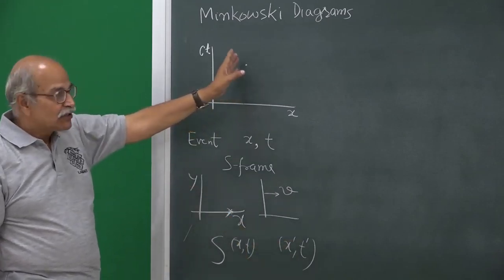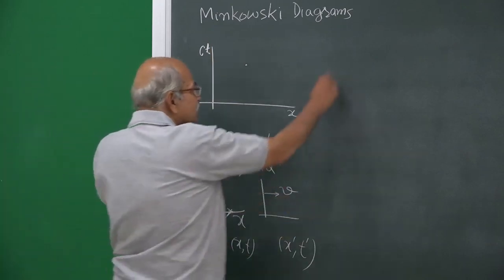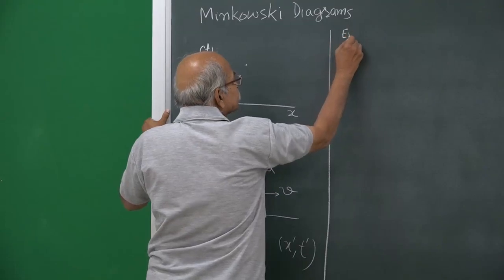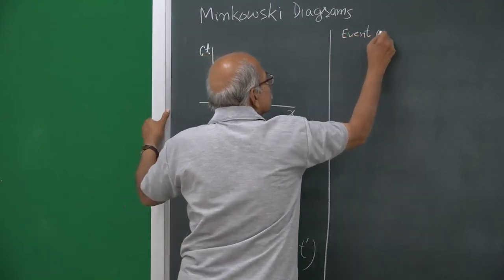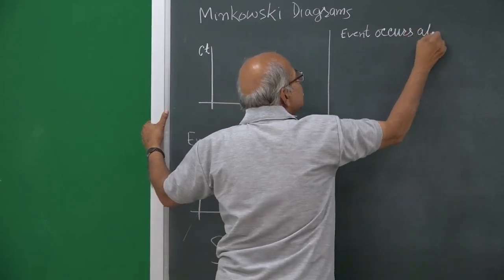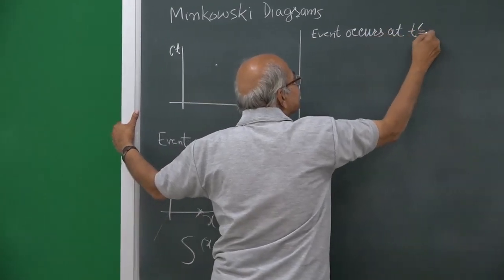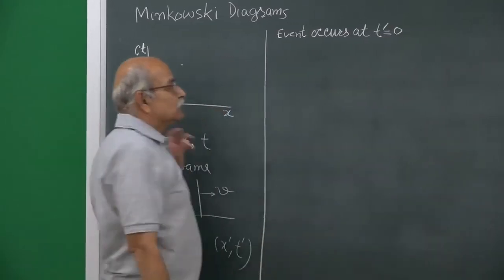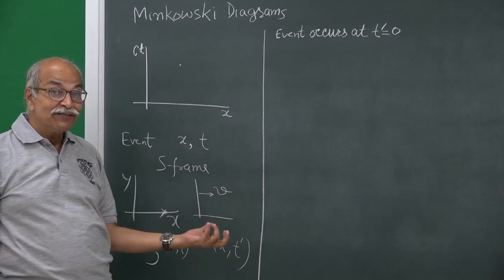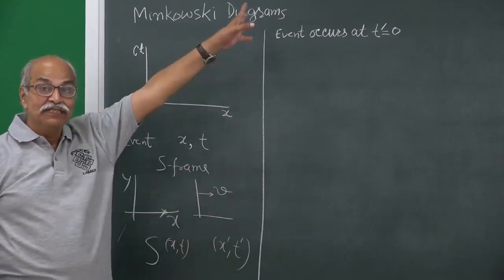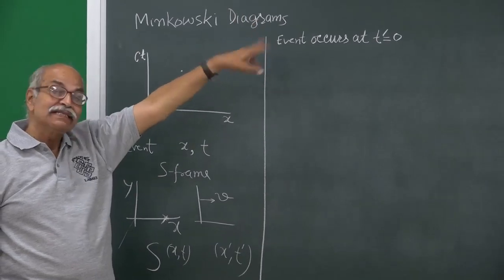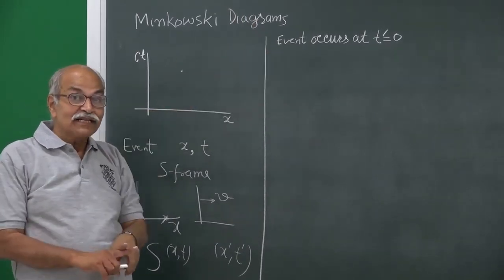Okay. So, let us take some special cases. The first case is the event occurs at t prime equal to 0. So, the t prime coordinate, the time as seen from S prime, is 0, and you remember t prime equal to 0 means t equal to 0 and the origins are crossing.